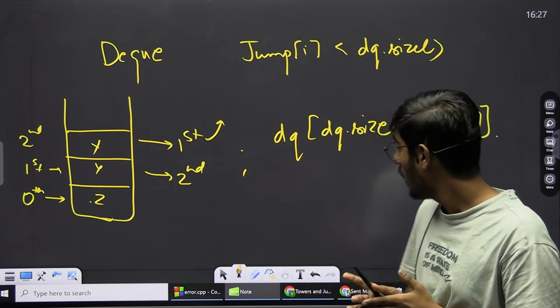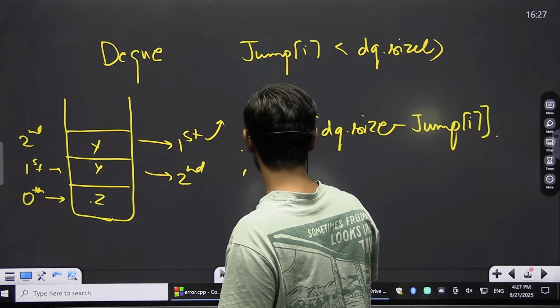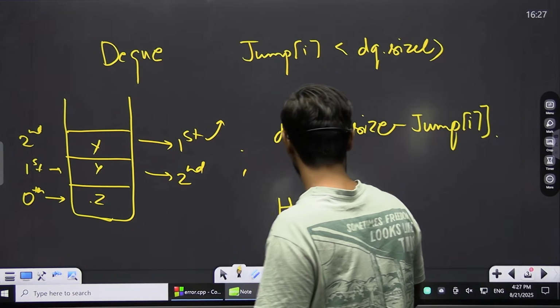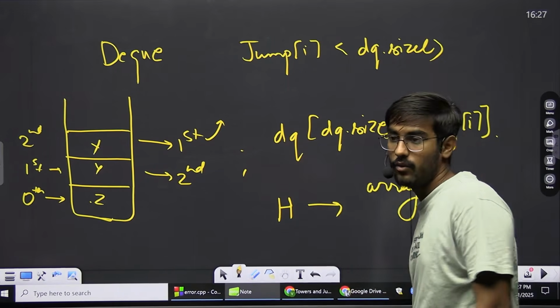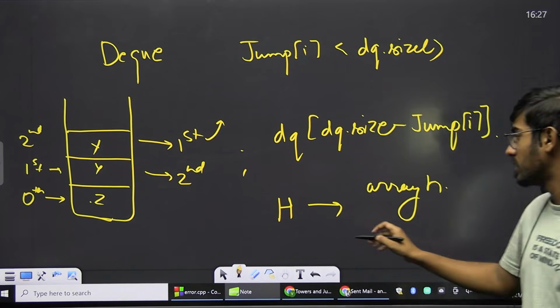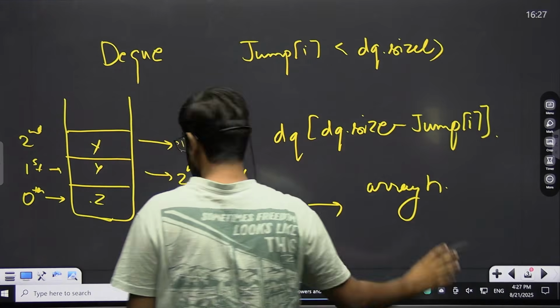Okay, for all of these buildings you can store this maximum height, let's call it array h, in an array. You will be storing all of these maximum heights. Yes.